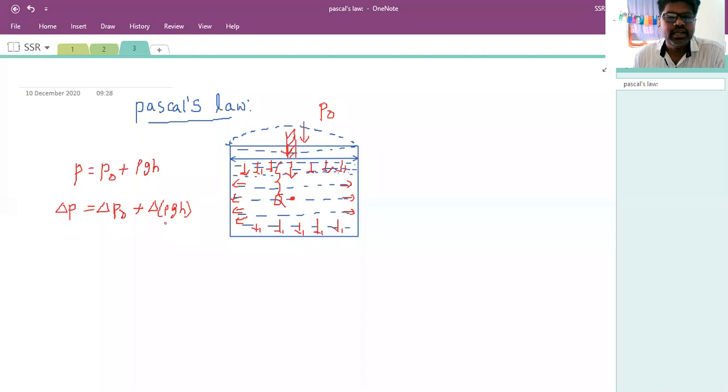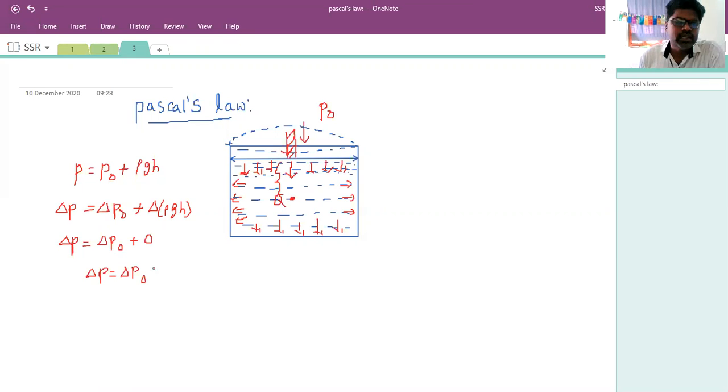Let us say delta rho will not be 0, delta g will not be 0. The change in height is very, very small, negligible, since the piston has moved only slightly. Then delta h will be 0, so plus 0. Then delta P is equal to delta P naught.